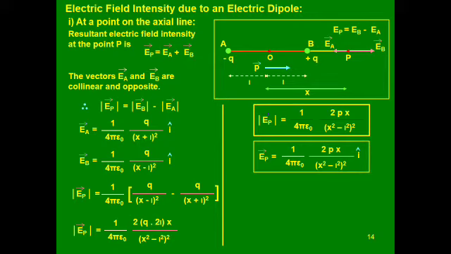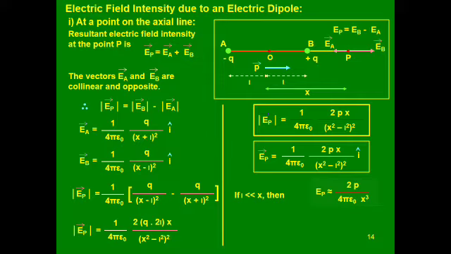Remember, a finite dipole is one where the distance is comparable to the separation. But for an ideal dipole, L is very much less than x. In that case, EP equals 2p divided by 4 pi epsilon naught times x squared minus L squared whole squared, which is almost x to the power 4, and the x in numerator and denominator cancels out.